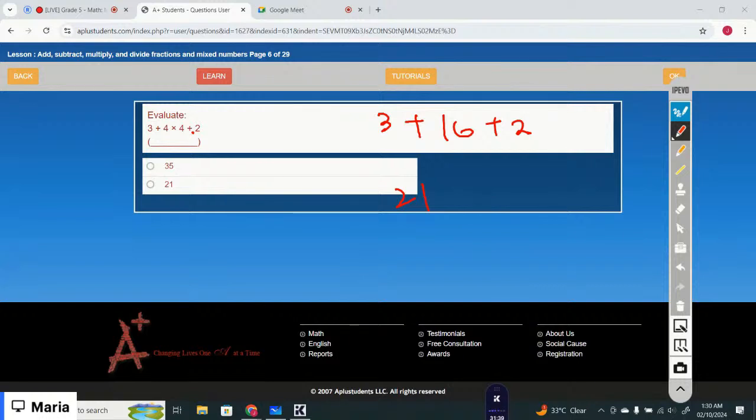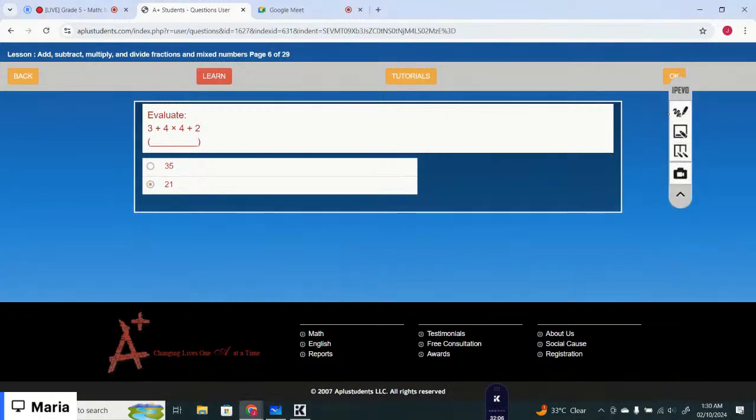The correct option is option number 2, that is 21.